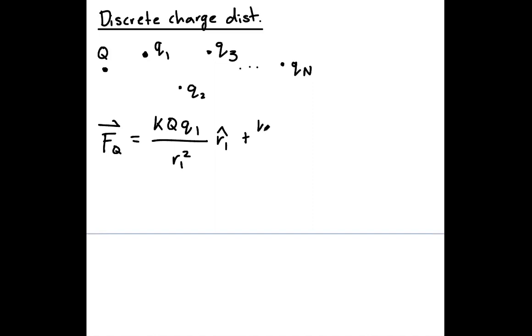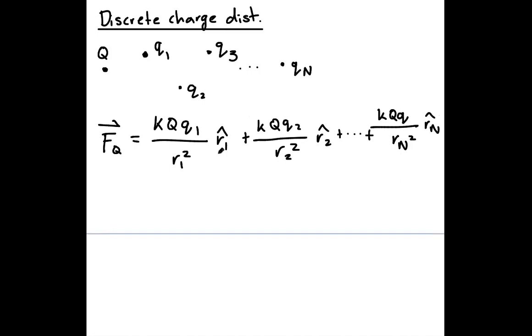Plus KQQ2 over R2 squared times R2 hat, plus all the way up to KQQn over Rn squared times Rn hat.